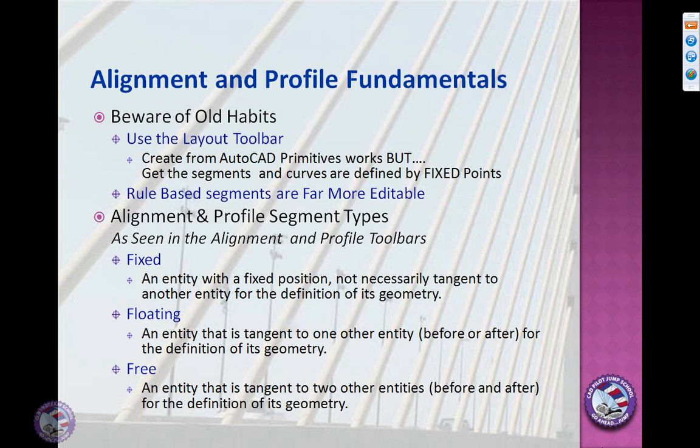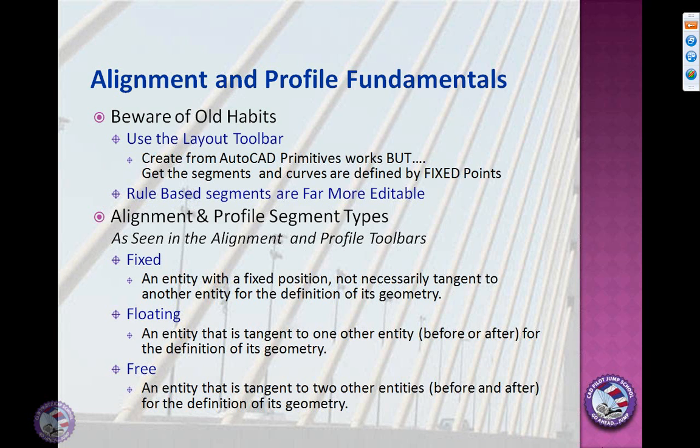So once again, AutoCAD primitives converted, so I can create a profile from objects, and get fixed entities. They might be a fast and dirty way to get something done, but you don't have a lot of control over changing the result. And since we're all about getting better design, getting there faster, changing is important.